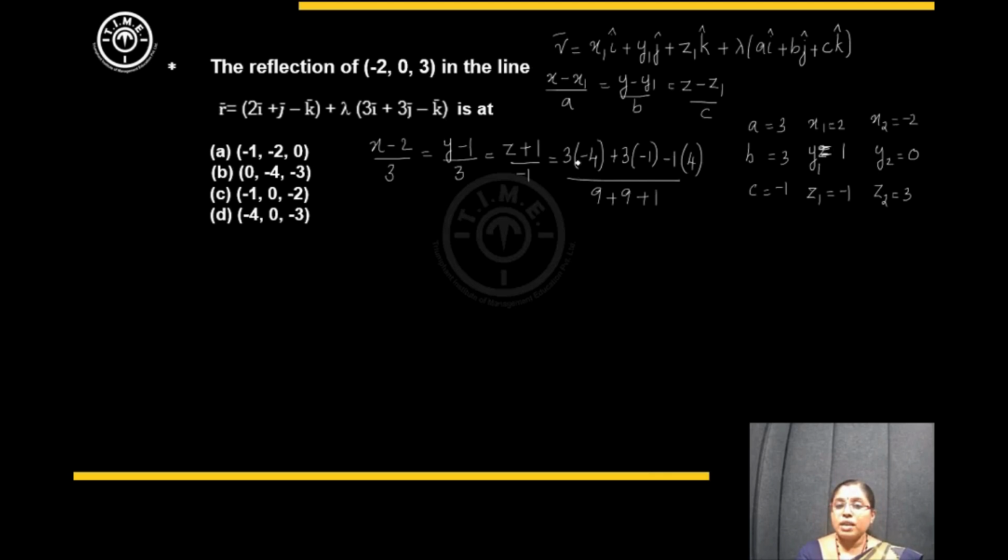So on the numerator we have negative 12, negative 15, negative 19. Negative 19 divided by 9 plus 9 plus 1, that is 19, will give you negative 1. So now we have already formed the base for finding the foot of the perpendicular.